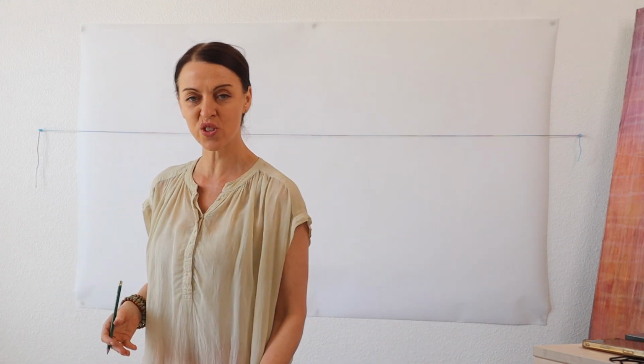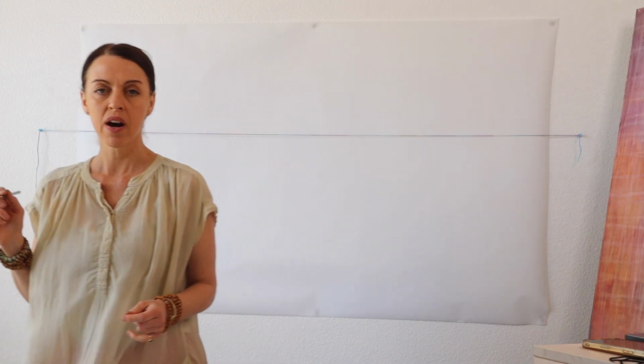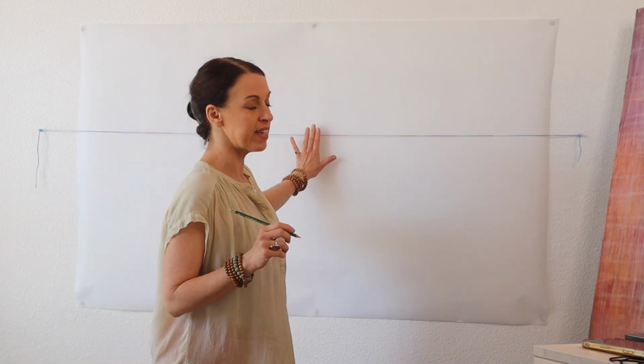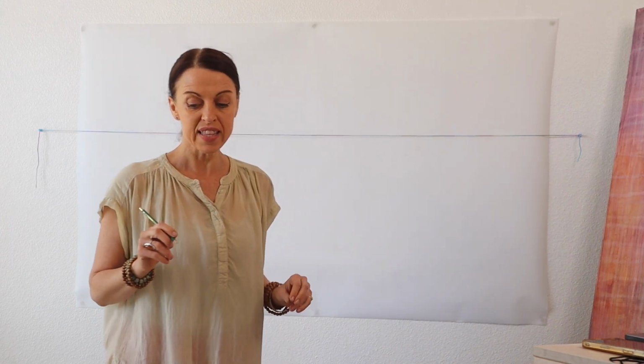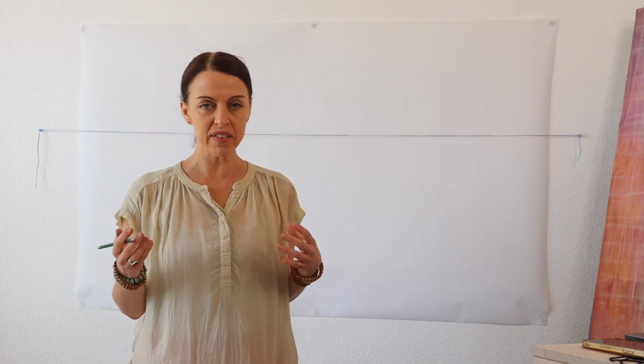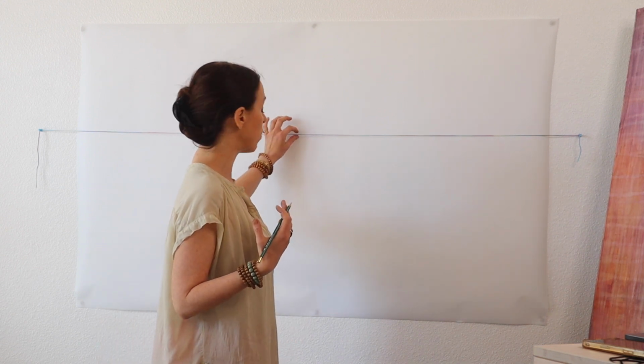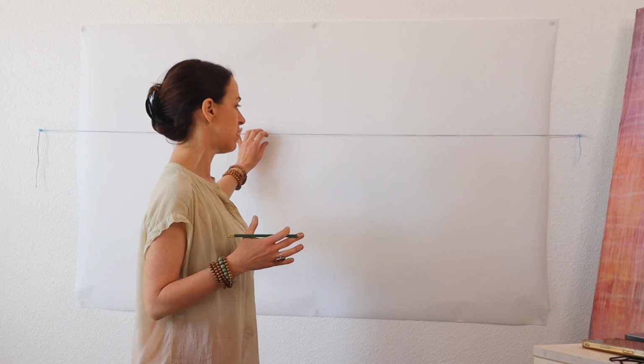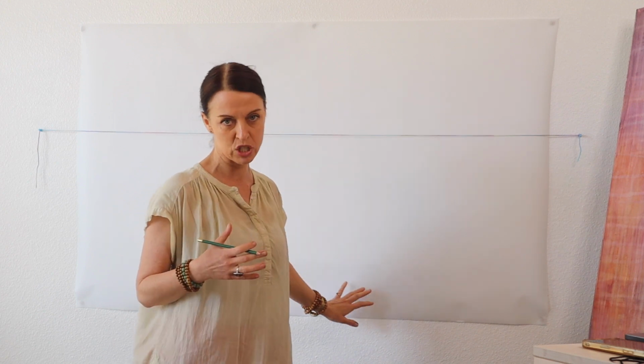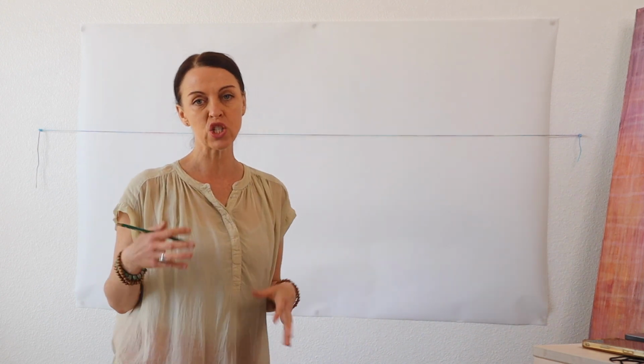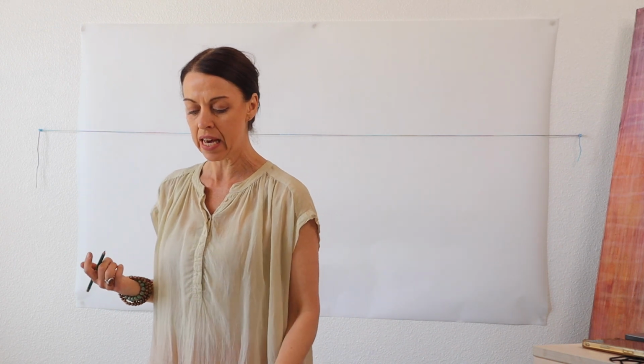So most likely you are going to use a ruler in your drawing, but I also wanted to show you another system that uses string to do linear perspective that is actually really fun, and so maybe even a little bit easier to do. But what you do need is a little bit of space to do it. You don't need this much space. I made it bigger so it's easier for you guys to see.